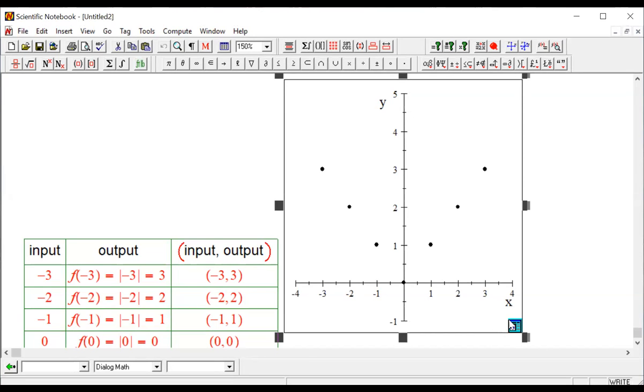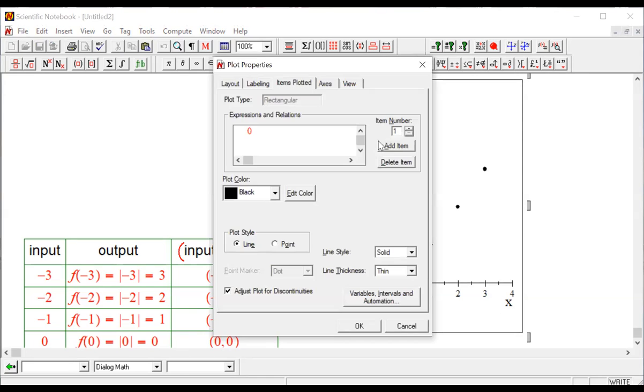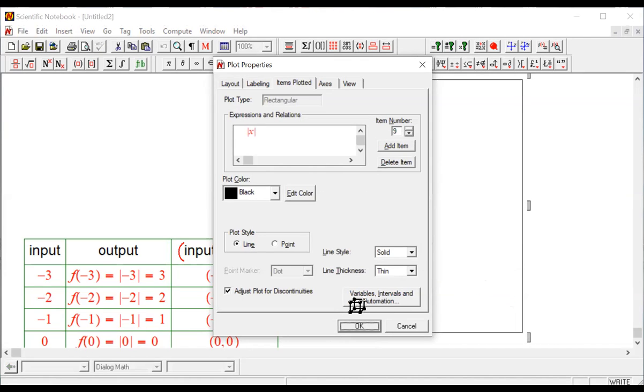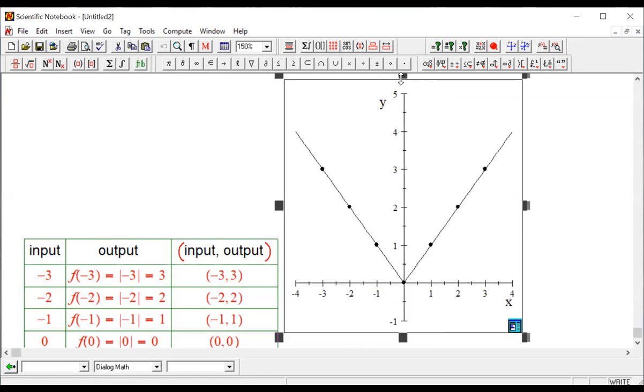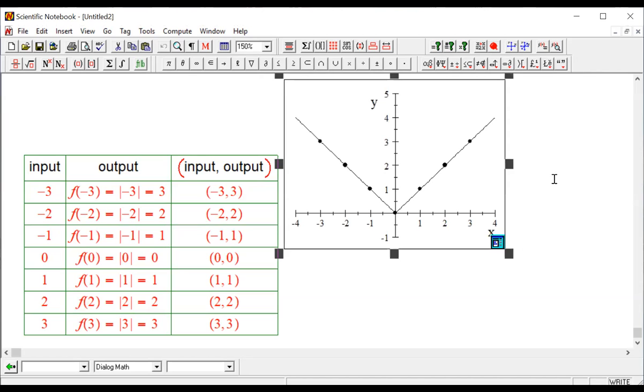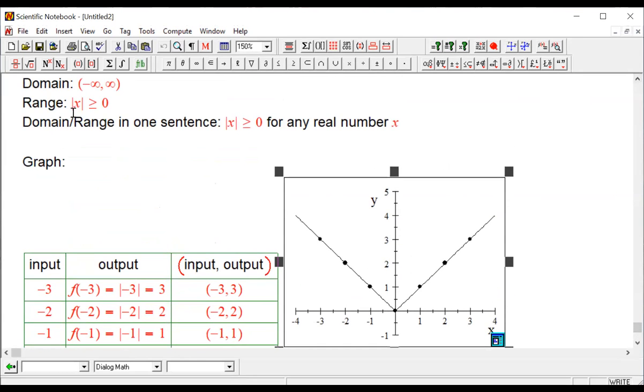And now it's time to connect the dots. So let's connect the dots. There we go. So that's the absolute value function. Those pieces, you can see the range, right? It tells you the range.